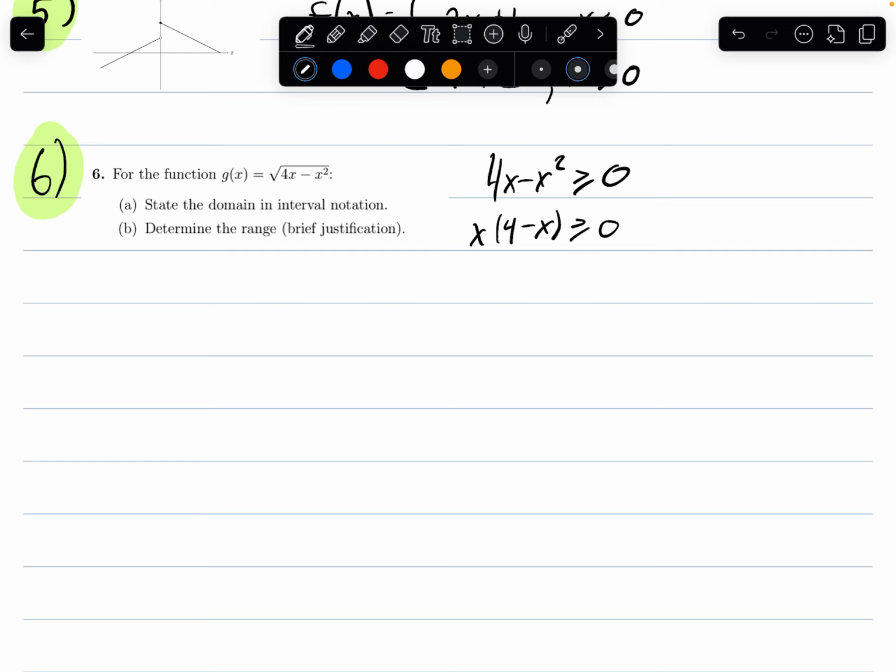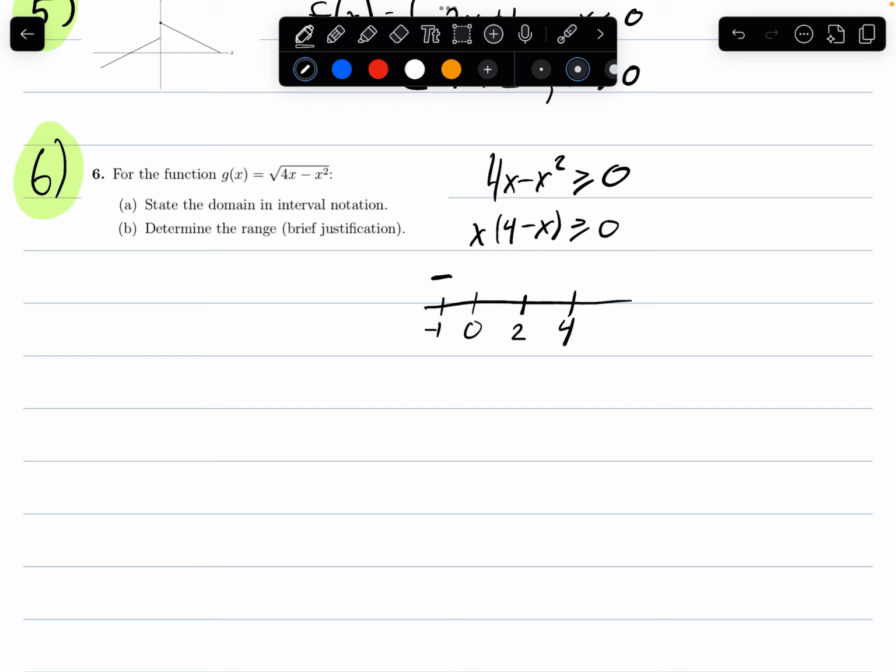Now from here, what we have to do is find where it is equal to 0. Well, it's equal to 0 at 0 and at 4. So now we can test points in between. If I plug in, let's say, -1, I get a negative number times a positive number, which is negative.